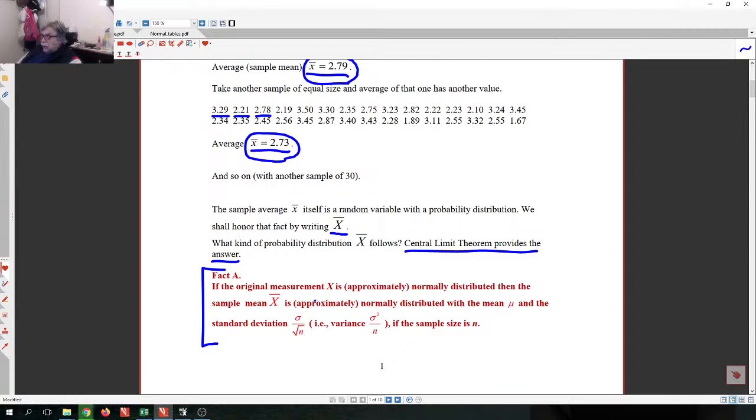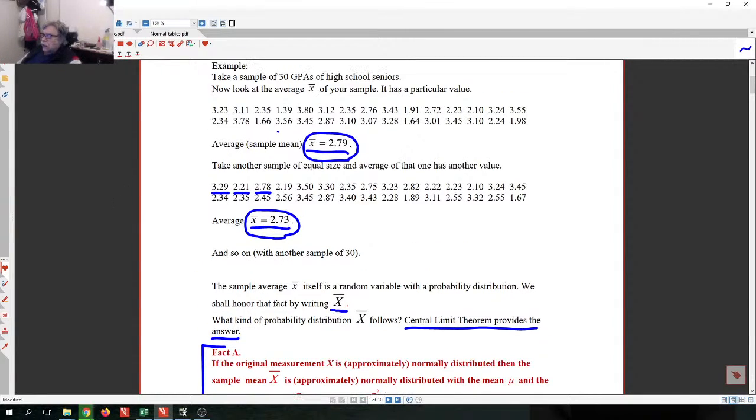If the original random variable, so you're sampling based on a particular random variable, in this particular case the random variable is the GPA of a random high school senior, so you have 1, 2, 3, and so on.